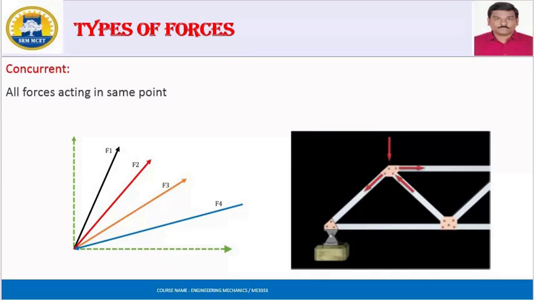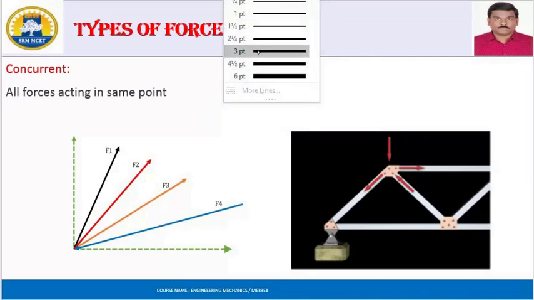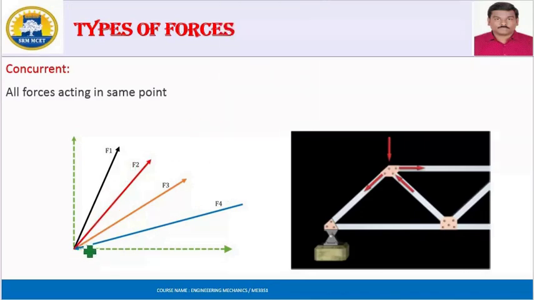The first force type is concurrent forces. Concurrent means all forces act at the same point. See here, there are four forces: F1, F2, F3, F4. All forces act at this point.